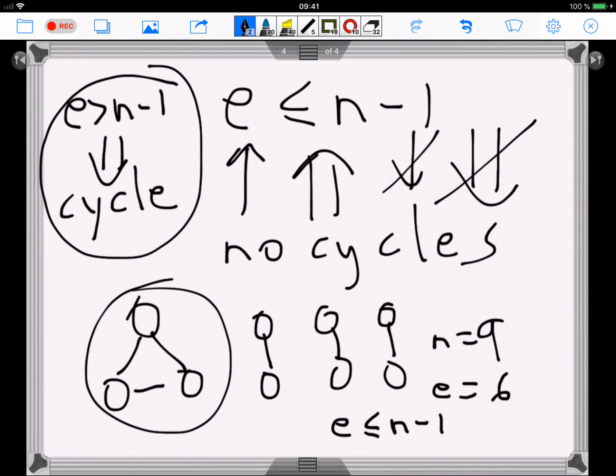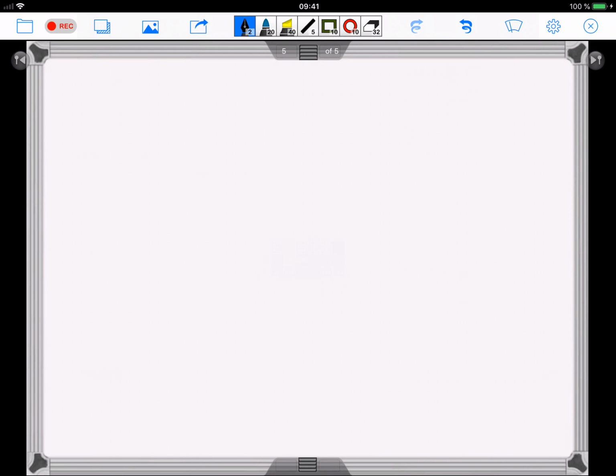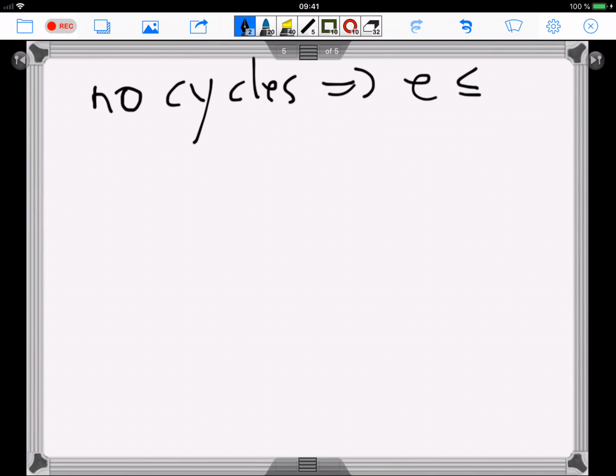And now with this remark in place, let me prove that if we do not have cycles, then the number of edges is at most n minus 1.